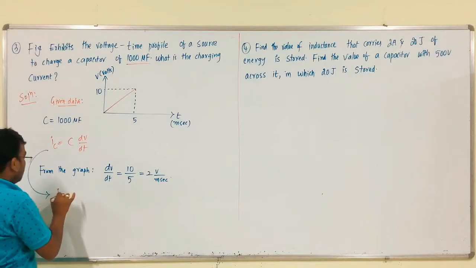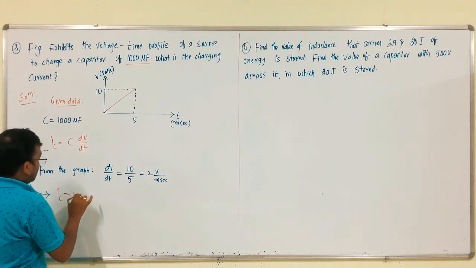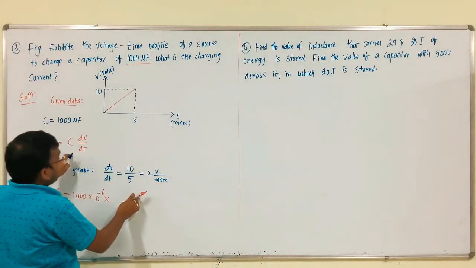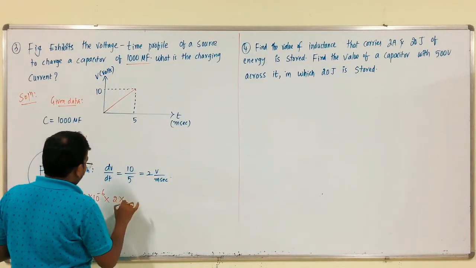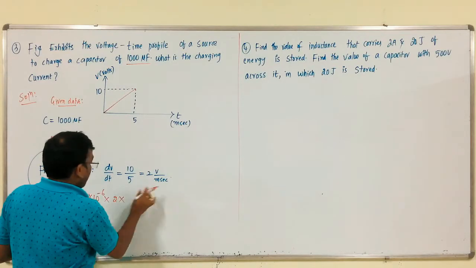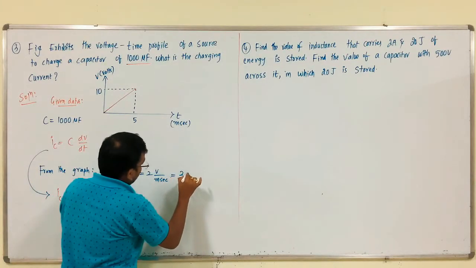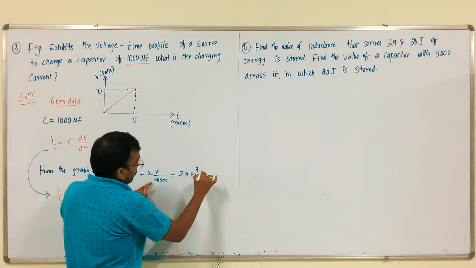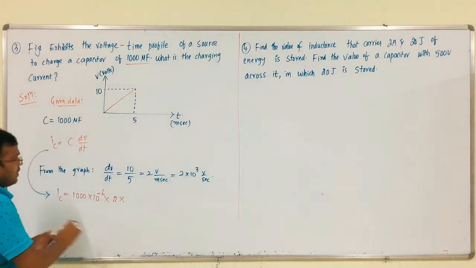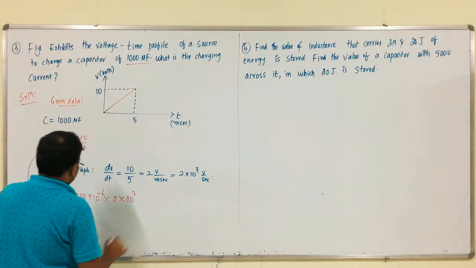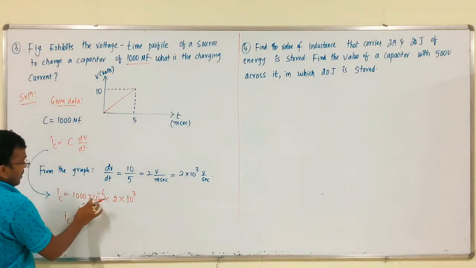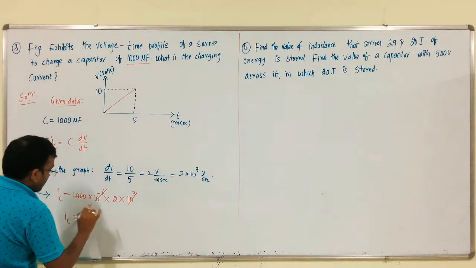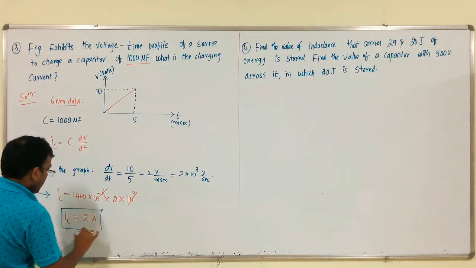So, IC = 1000 into 10 power minus 6 into dV/dt, which is 2 volts per millisecond, that is 2 into 10 power 3 volts per second. So, the 10 power minus 6 and 10 cube cancel, and IC is 2 amps.